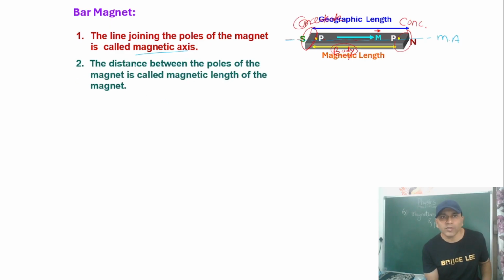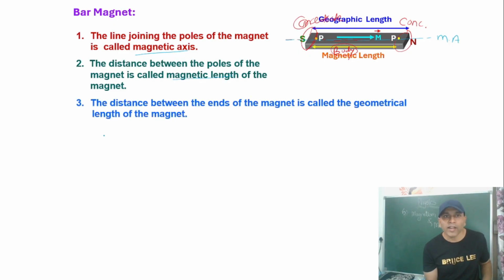The distance between the poles of the magnet is called the magnetic length. And the distance between the ends of the magnet, the actual length of the magnet, is called the geometrical length.